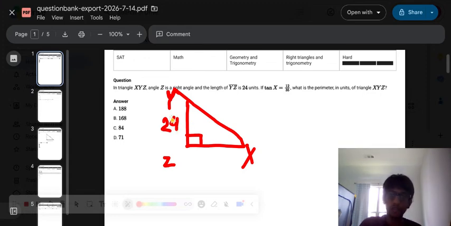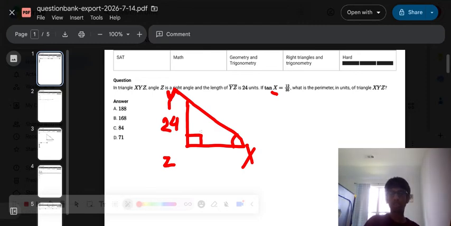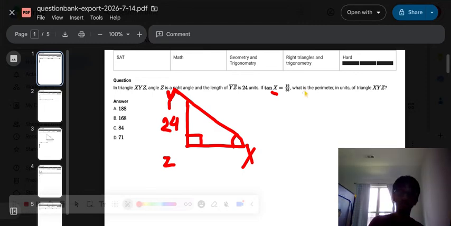So tan of X. The angle, which is theta, is angle X. Remember, you can use your trigonometric functions for all of your angles in a right angle triangle other than your 90 degree angle. So you can take the tan of X, you can also technically take the tan of Y, however, you cannot take the tan of Z. In this case, we're only focusing on X. Remember, tangent is opposite over adjacent.